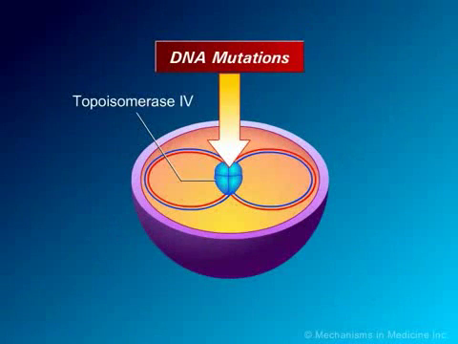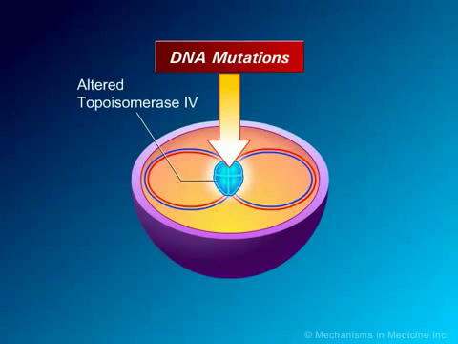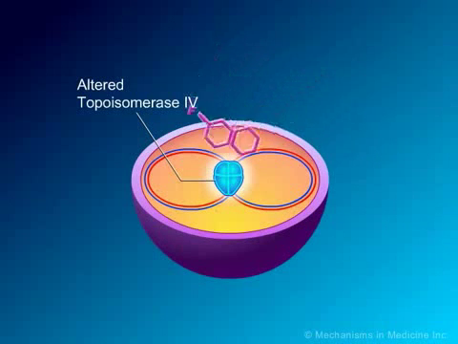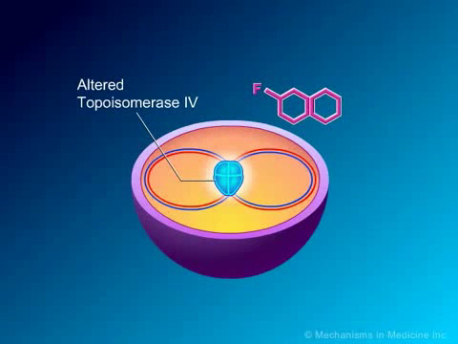Similarly, a mutation may occur that alters topoisomerase IV, either in the PARC or PARE gene, and results in a reduced affinity of the fluoroquinolone antibiotic for this enzyme, and the bacterial organism will become resistant.